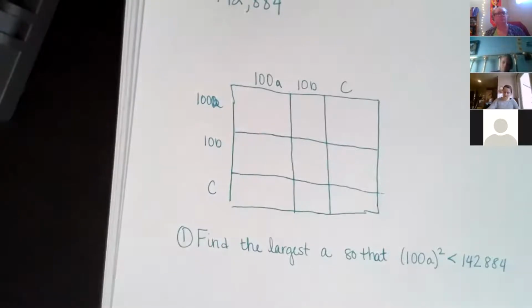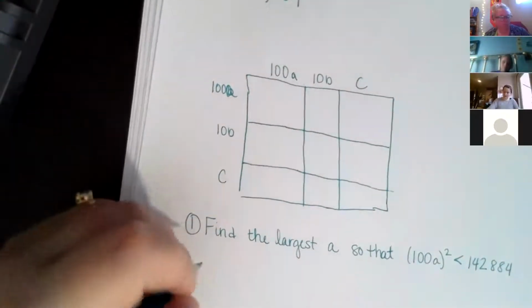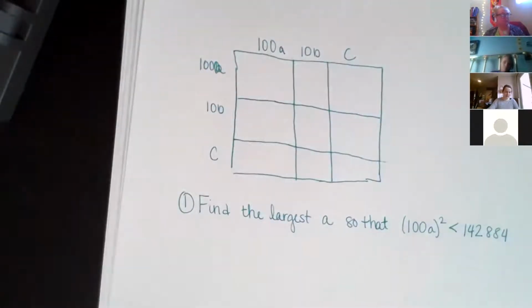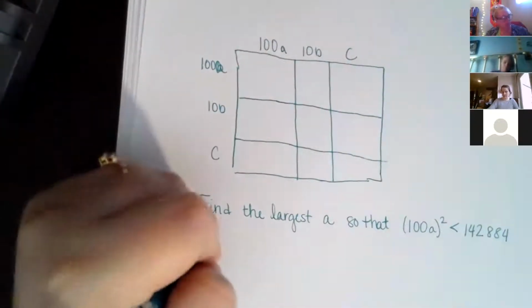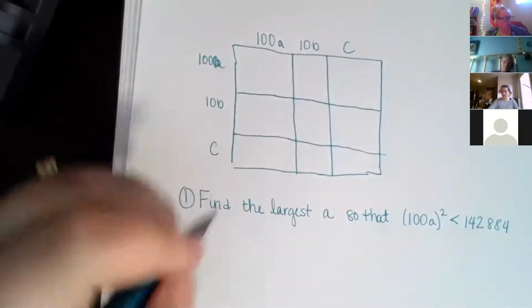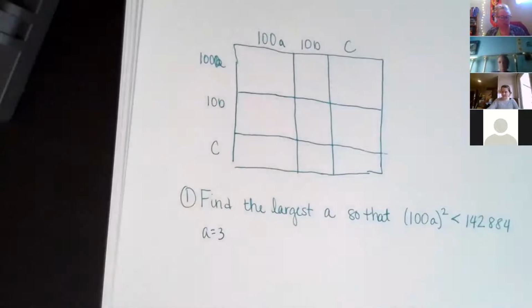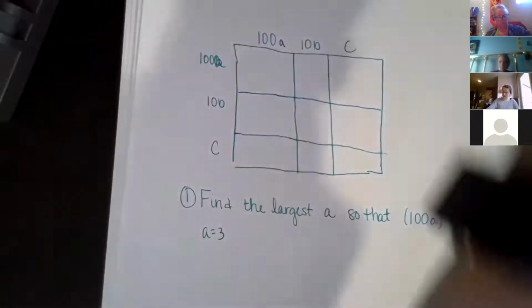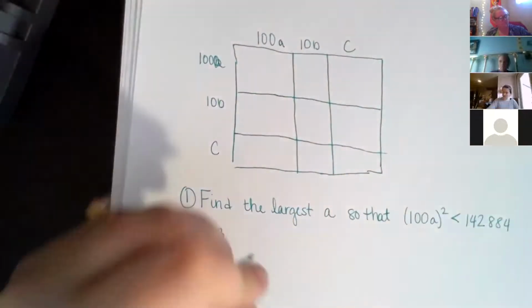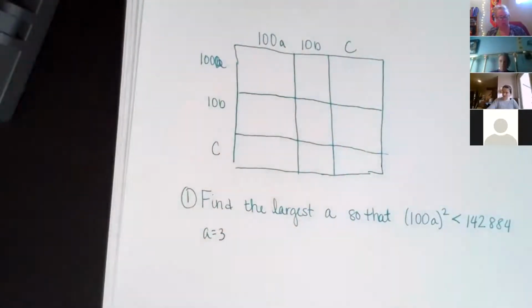And then don't we do 142,884, that whole number minus the 90,000 now that we took out? Right. So if A is 3, that would mean that's 300 squared, right?